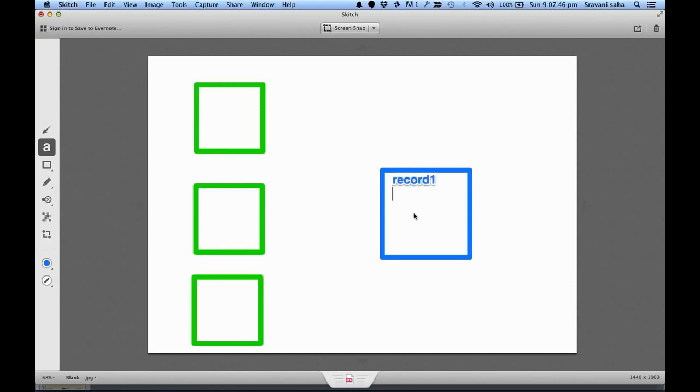Let's call it the inbox, and we call them email 1, email 2, email 3, and so on. This is my inbox, and all of them are running my email processor. This is your email processor which you are running on all these machines.